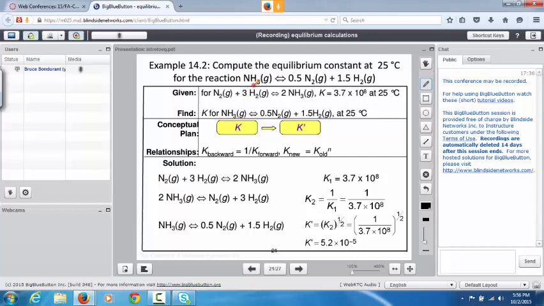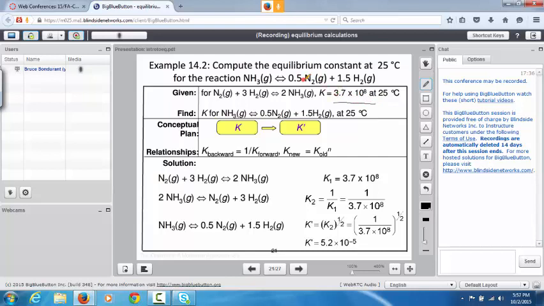We're essentially dividing this so we have 1 NH3 here. First of all, we're reversing the reaction, and what we might do is first figure out what that equilibrium constant would be in the forward direction. So we could say, well, if N2 plus 3H2 makes 2NH3, the constant is 3.7 times 10 to the 8th.